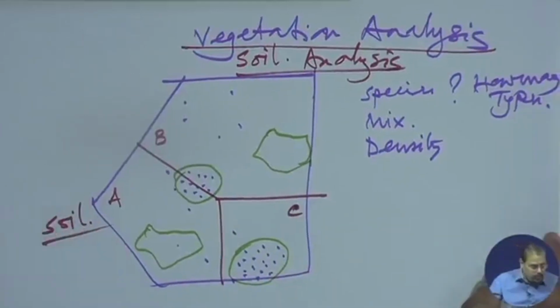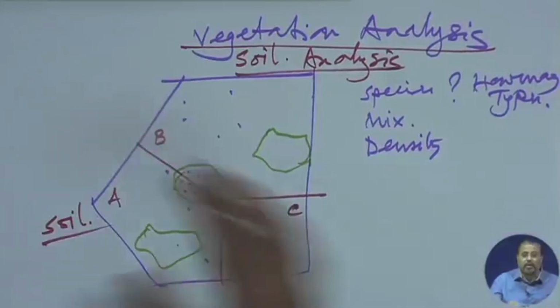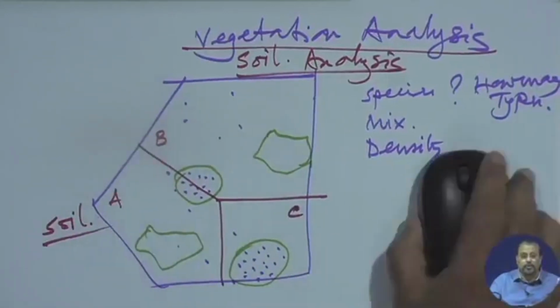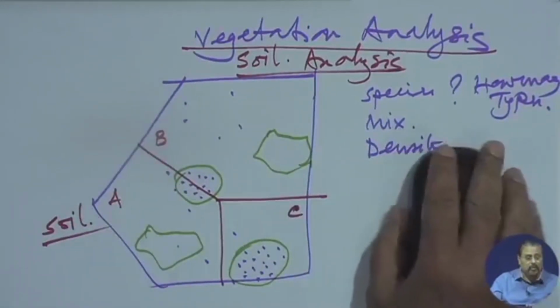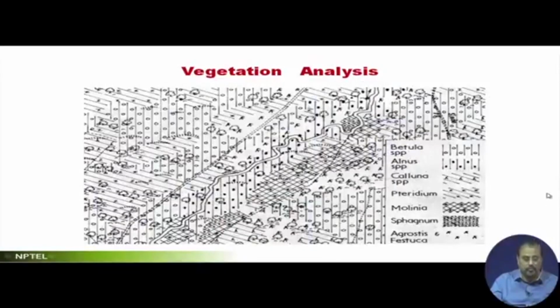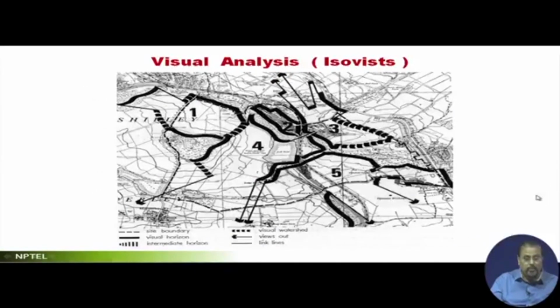Okay. After that, if you see this picture here, this is another representation of the vegetation. But I am coming to the end of it. A very important analysis which you have almost done during your reconnaissance is the visual analysis. Let me explain this drawing, look at it very carefully.